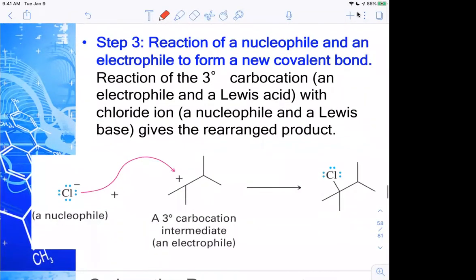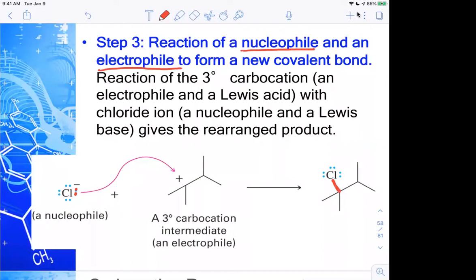Now, my third step is what you would expect, where I take my nucleophilic chloride and my electrophilic carbocation, and I form a new bond. So this is the new bond that I'm forming. So I have to look for these rearrangements because carbocations commonly rearrange.